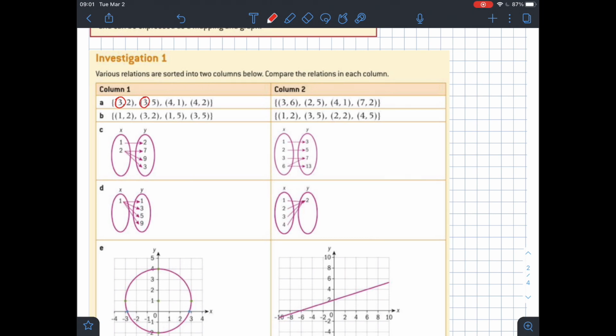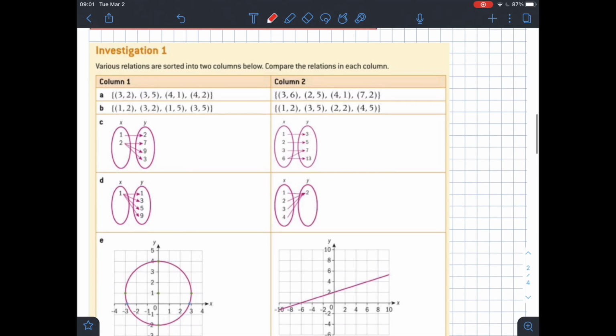You see that the value of x is repeated, and we get two different values of y for the same value of x, right? And you don't see that in this case. In this case, all of the points are different, right? There's no repeated coordinate here. So that's a first difference you need to spot there.